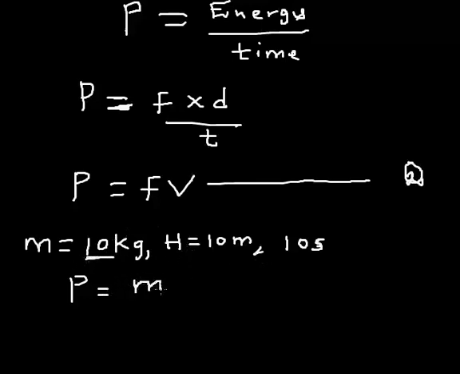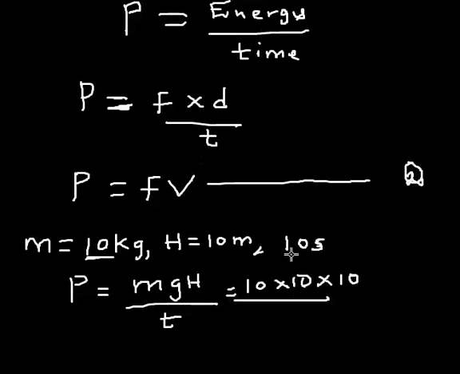In this case, we're going to use energy, which is the potential energy, divided by the time. So the potential energy is going to be 10 times 10, that's mass times acceleration due to gravity, times the height, which is 10 meter, divided by the time, the 10 seconds. By dividing, I will have that the power expended by doing this work is 100 watt.